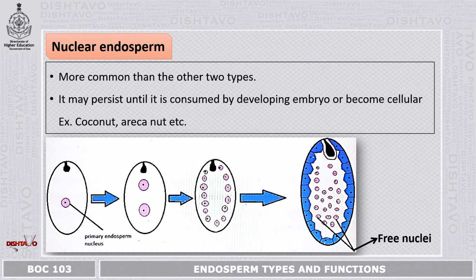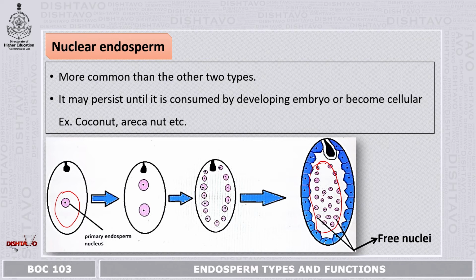The first one is nuclear endosperm. This is more common than helobial and cellular endosperm. Now, what happens in nuclear endosperm is, here we can see the primary endosperm nucleus. When it undergoes division, none of the divisions is followed by wall formation. So, it is going to result in a condition wherein you will have many nuclei which are freely suspended in the central cell.